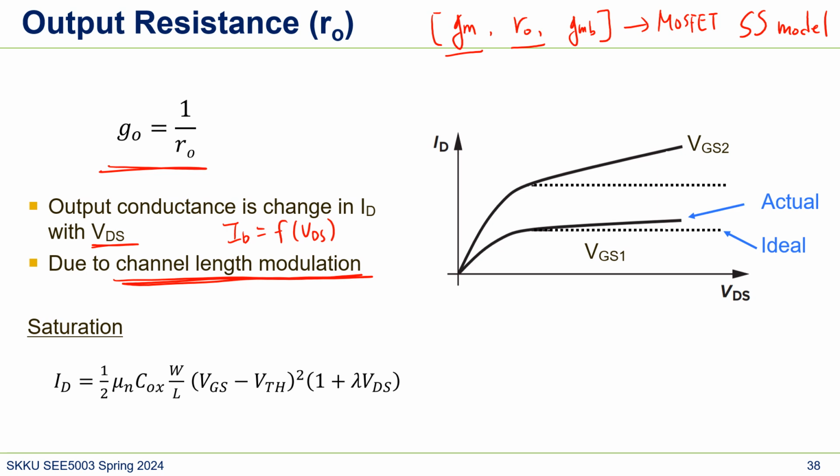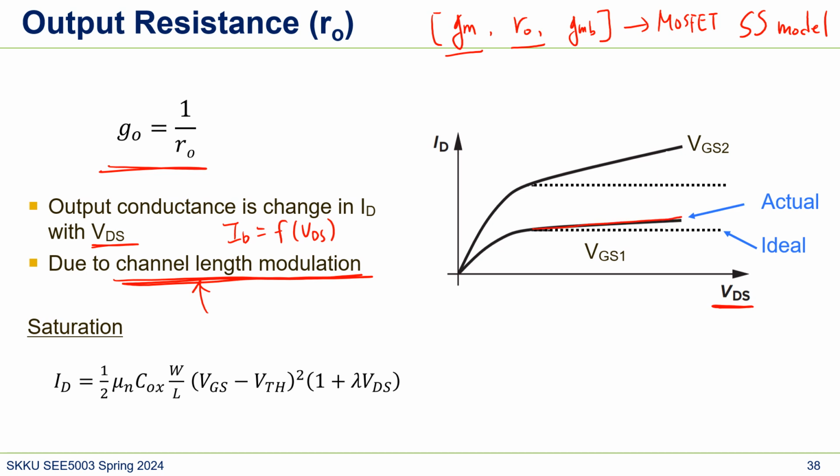So when we see this MOSFET graph, this is the IV curve. Ideally, even if we increase VDS in the saturation region, current is not increasing, it stays the same. But that's not the case in real life because of channel length modulation. So actually the current is increasing.